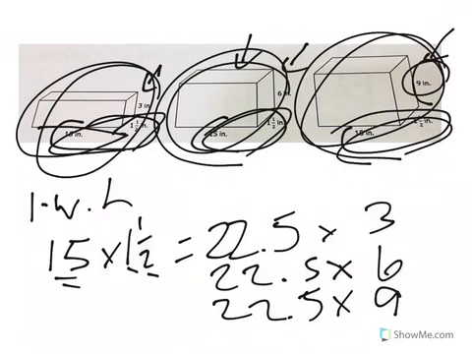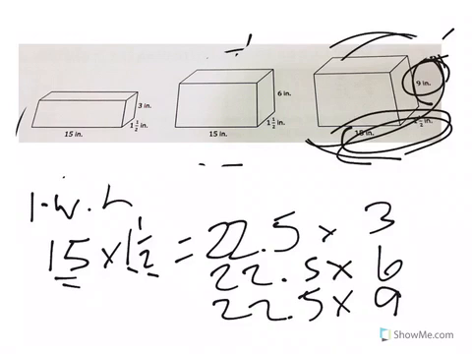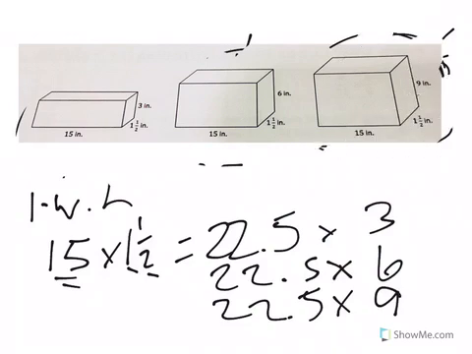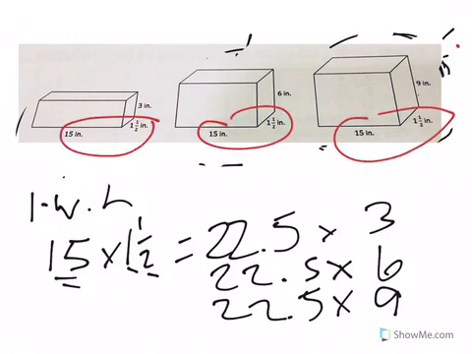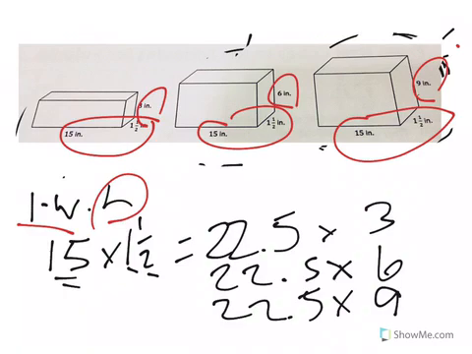So hopefully one thing that we can recognize here is that if you were going to figure out the volume of all three of these boxes, the area of the base would be the same for all of them, and that's length times width. The only difference is the height: 3 inches, 6 inches, and 9 inches.